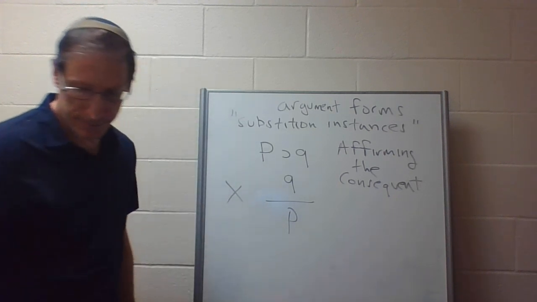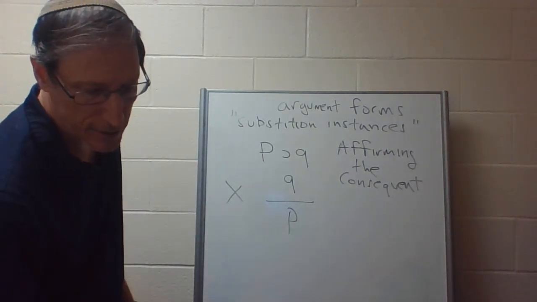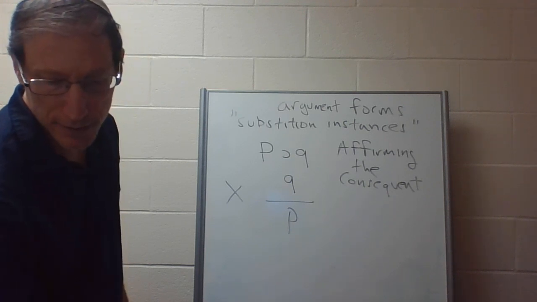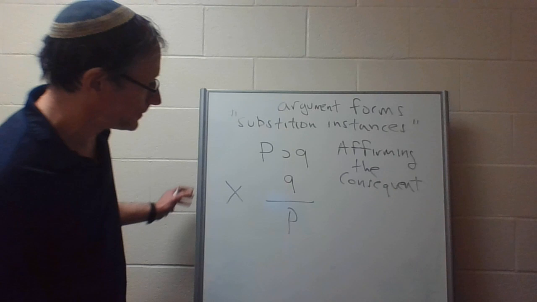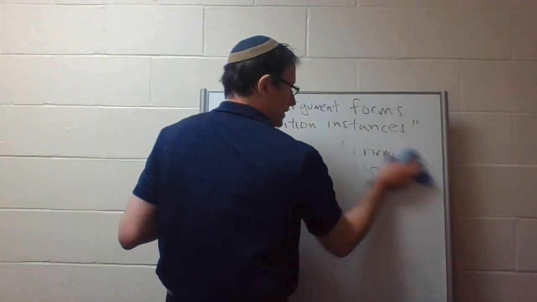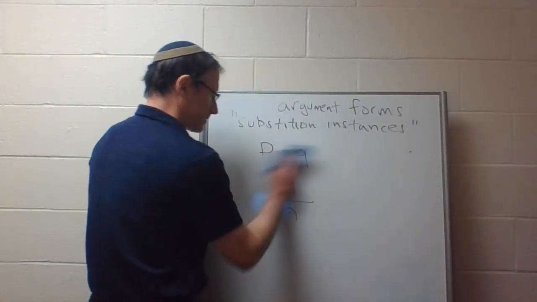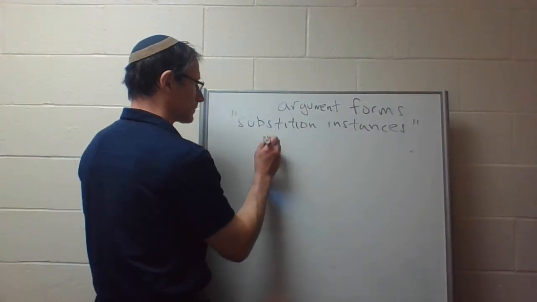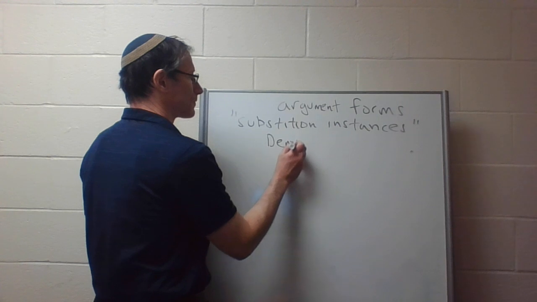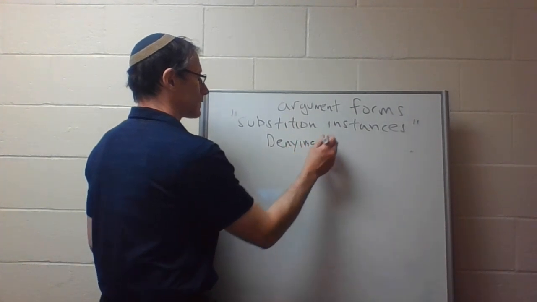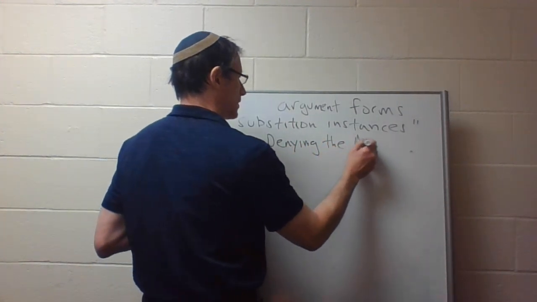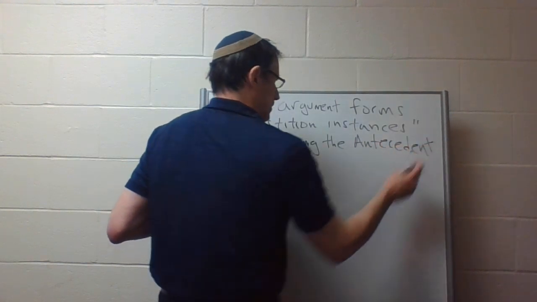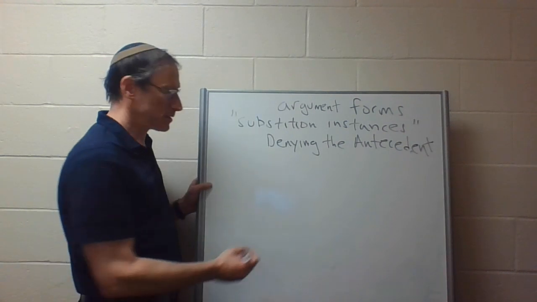Okay, another invalid form is something called denying the antecedent. Let's take a look at denying the antecedent.